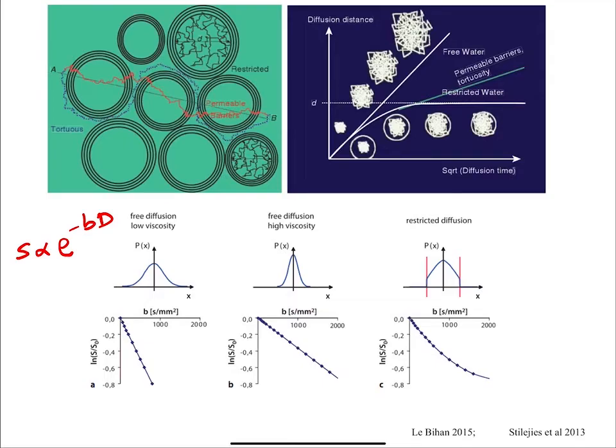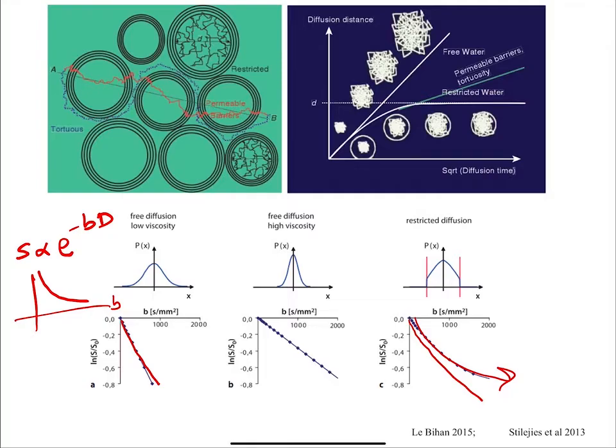So we've said that there's just this exponential decay of the signal with diffusion as a function of b value. If I took the log of that, I would get a straight line. In practice, and this is very important for the brain, you find a deviation from a straight line. The curve doesn't decay as fast as you think it should.